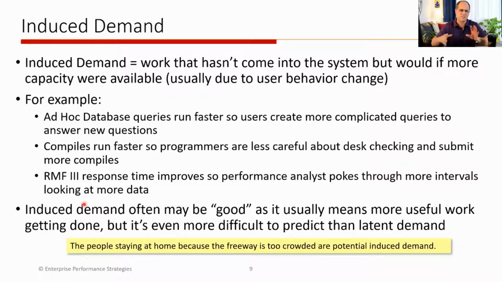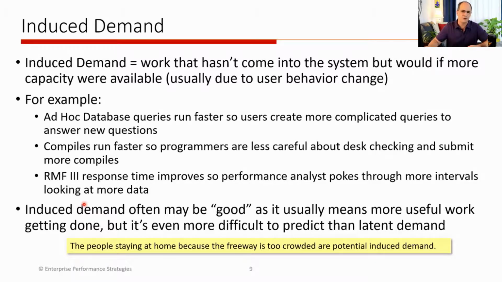Eventually they have to get done, but induced latent demand is the case where the work is artificially being held back because we maybe don't have enough capacity, since we are in peak periods of time. And if we didn't have that situation, then more users would hit enter, more users would submit jobs and whatnot.